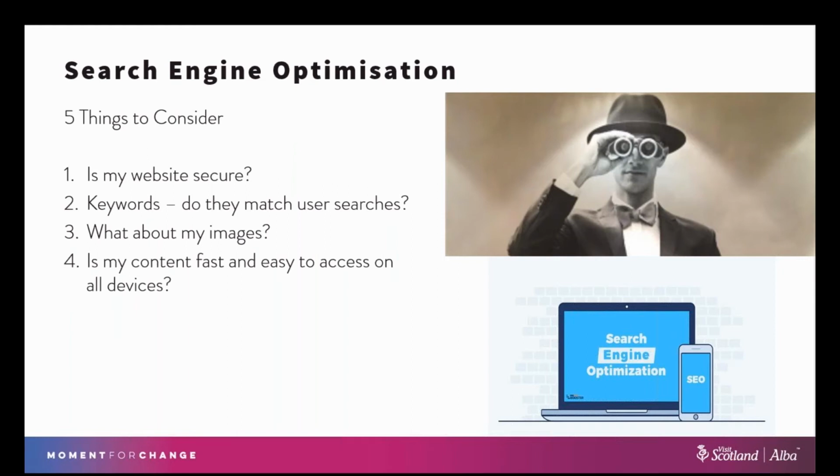Is the content on your website accessible in all device types, and is it accessible in an easy manner? Is it quick to get at? And then finally, the main search engine, Google itself. How can I make sure that my profile there is appealing and as attractive to potential guests and visitors as possible?